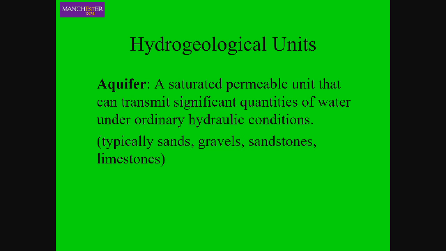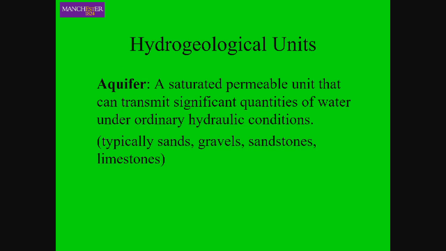For those who did mineral deposits, mineral deposit is an economic term. Aquifer is also an economic term because it all hinges on what we mean by significant quantities. Generally, we mean quantities that we can use. So aquifers are typically sands, gravels, sandstones, coarse-grained materials.